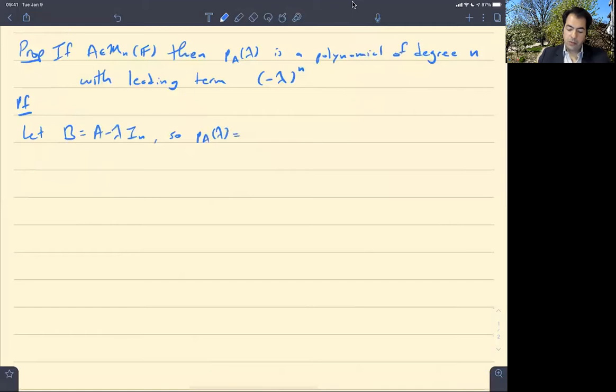So the characteristic polynomial is the determinant of B. And from our discussion last time, we can write that as a sum over all of the permutations sigma in S_n, where we put the sign of the permutation, and then multiply the product of n different entries of B, where we're choosing them using this permutation.